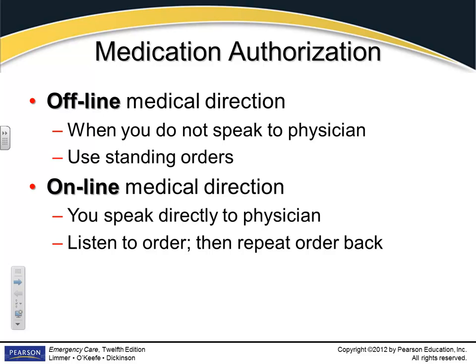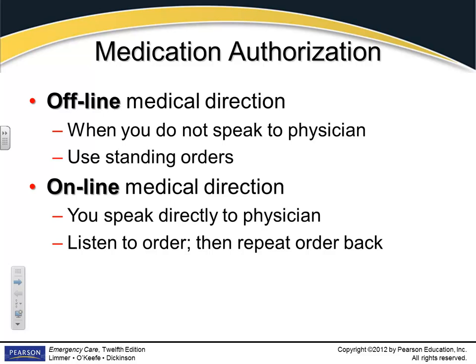When you receive the order, when you tell them what's going on, why you feel like you need to give this medication and ask for orders to give it, then you want to repeat the order back. If you call in and say, I've got a 78-year-old male, he's got a prescription for nitro, he's got chest pain, 8 out of 10, he hasn't taken any of his nitro today, his blood pressure is 140 over 80, he's not taking any erectile dysfunction medications, can I give him some nitroglycerin?